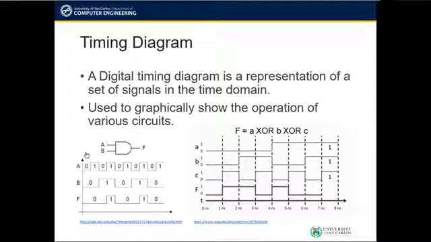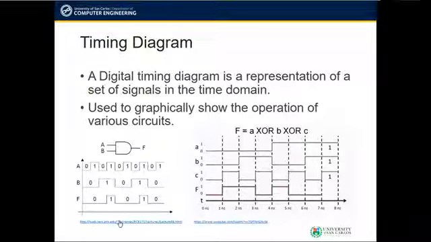Here, for example, we have an AND gate with inputs A and B and output F. The timing diagram here shows all the possible combinations and behavior of the inputs and output using graphs of ones and zeros with respect to time.